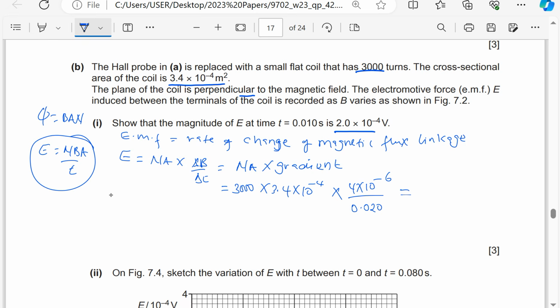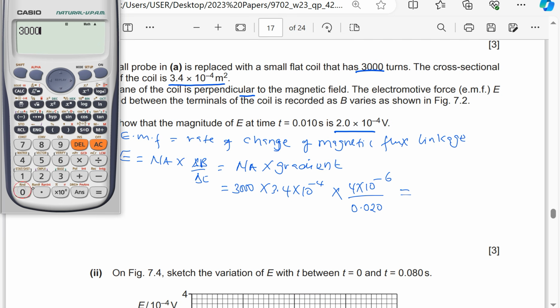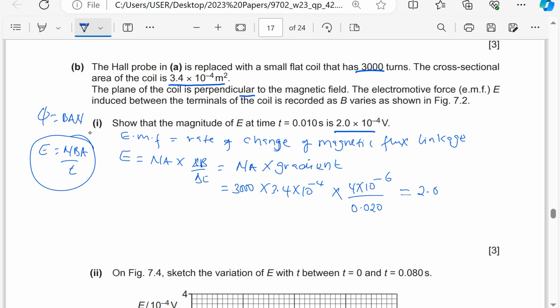I'll just press my calculator to verify. So we have 3000 times 3.4 exponent minus 4, then times 4 exponent minus 6 divided by 0.02, which is 2.04 times 10 to the power of minus 4, approximately 2.0 times 10 to the power of minus 4 volts.